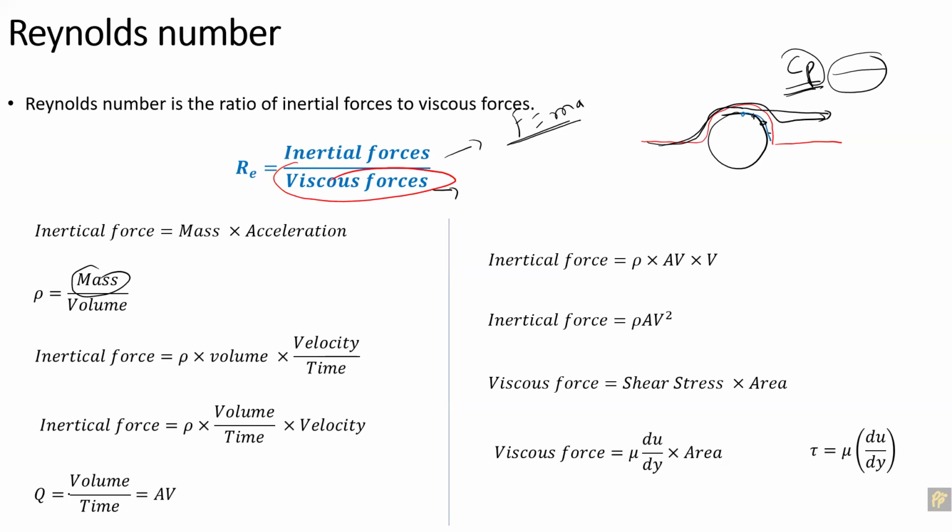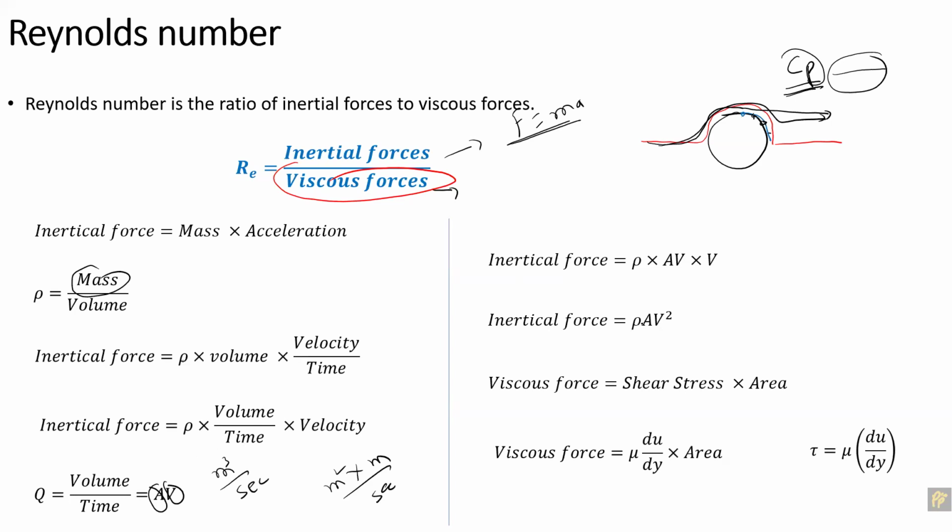Also you know that the volume flow rate is the volume upon time, that in the SI system is meter cube per second. This is the area, this is the velocity. So area into velocity will be the same units, meter cube per second. So now I can put this formula as the density into the volume flow rate, which is the volume upon time, the area into velocity, into velocity.